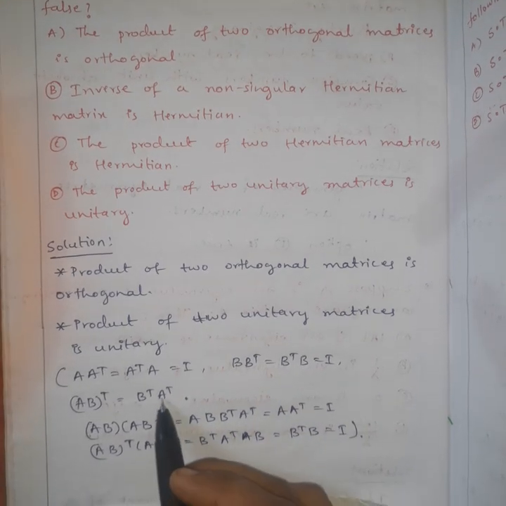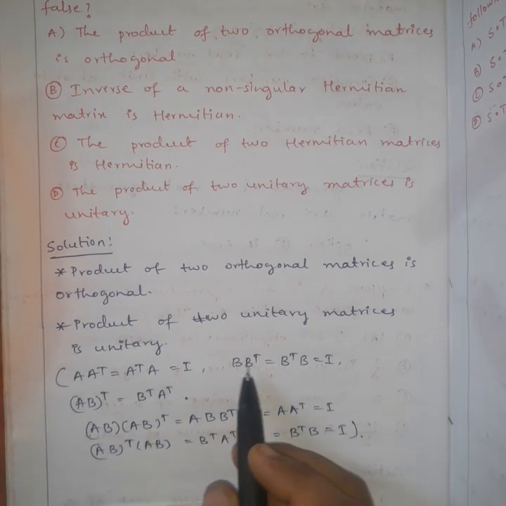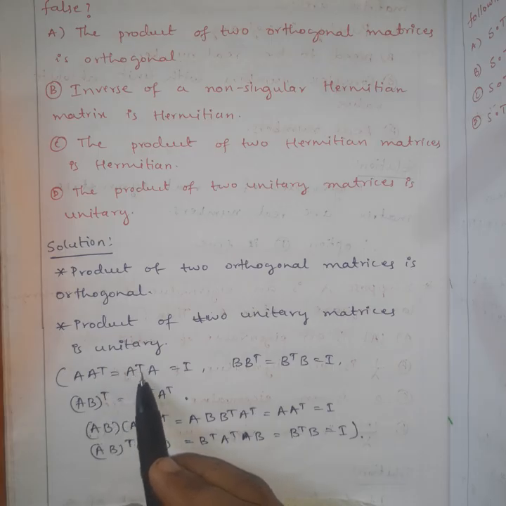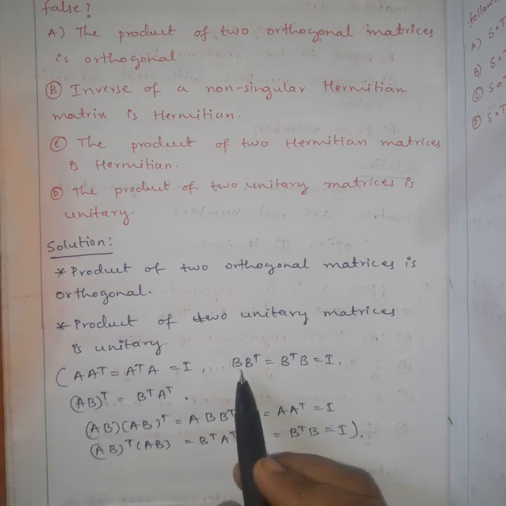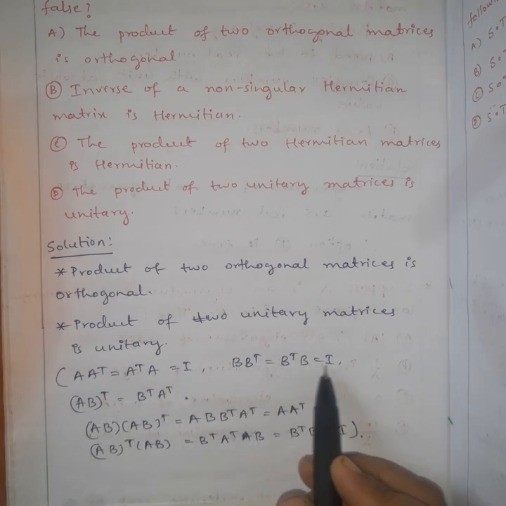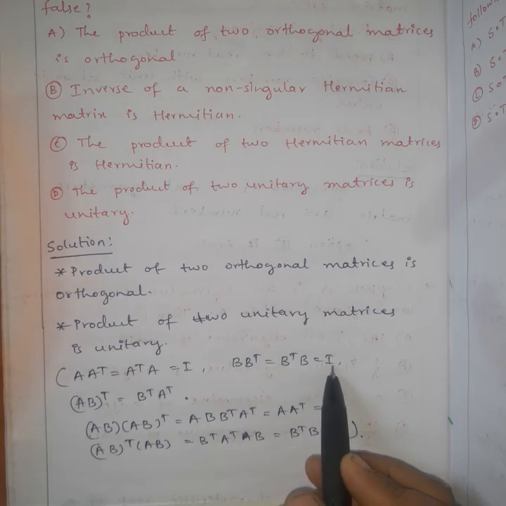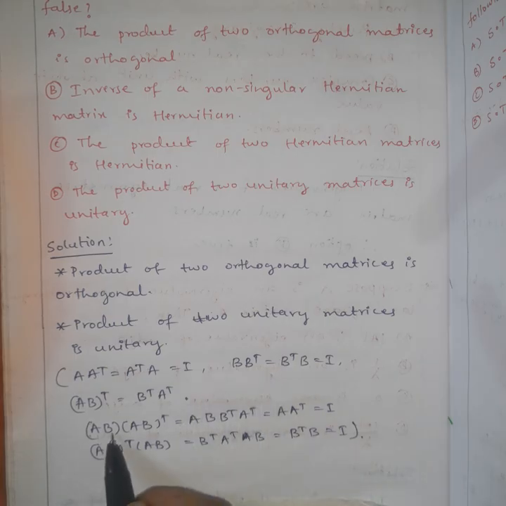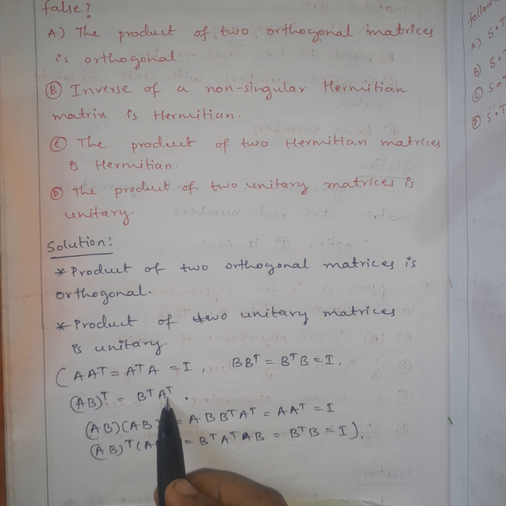Okay, let A and B be two orthogonal or unitary matrices. Then A transpose A is equal to identity, and B transpose B is identity. We have to prove that the product AB is orthogonal or unitary. Okay, so I will check. We know that (AB) whole transpose equals B transpose A transpose.